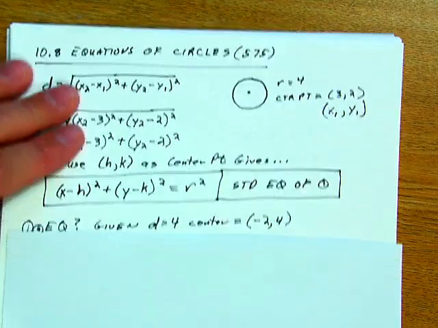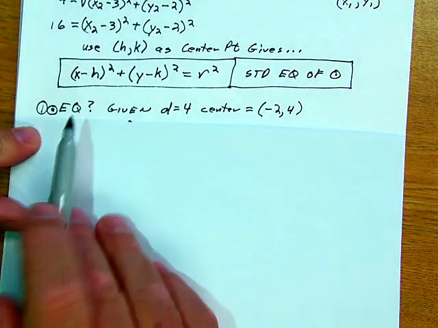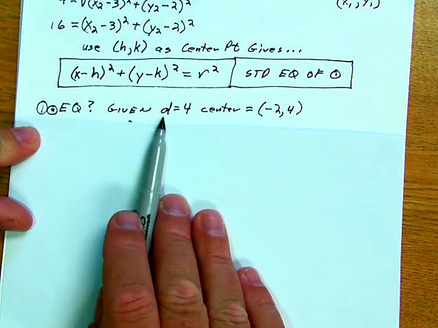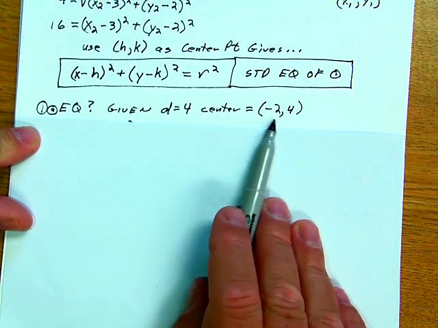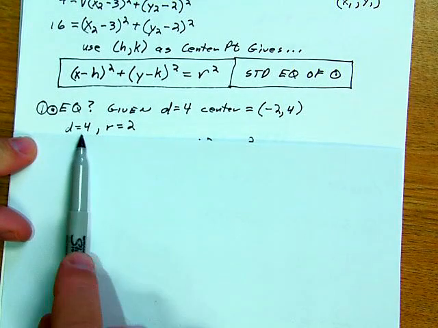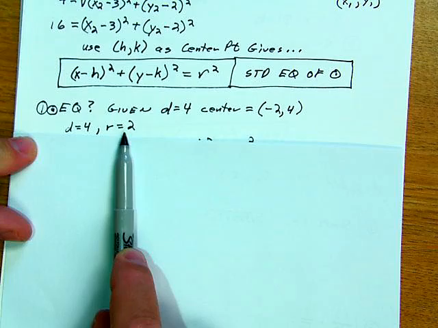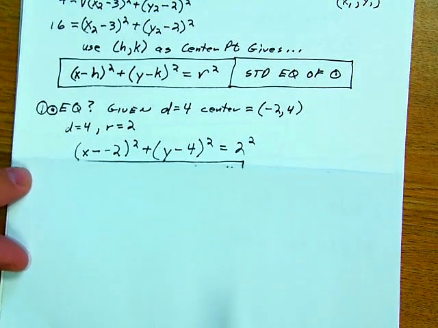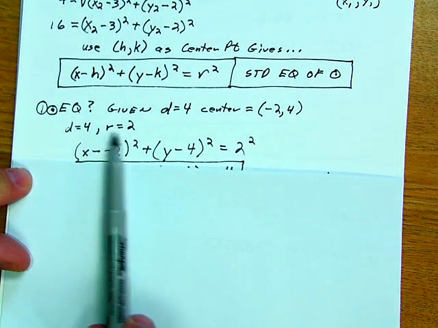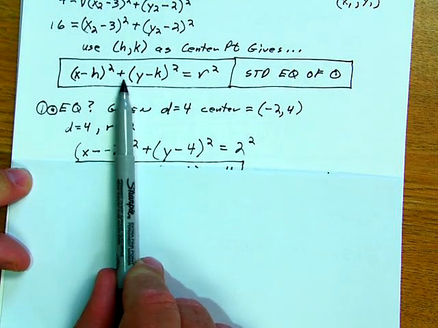Okay, let's use that in a problem. Let's say we're asked to figure out the equation of a circle given a diameter of 4 and a center point of negative 2, 4. Well, the first thing we do is say, since we know it's a diameter of 4, the radius is half that, or 2. So then, all we have to do is plug the radius 2 and our 2 values for our center point into our standard equation.